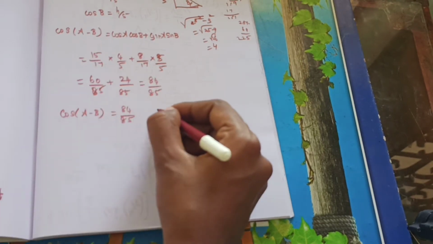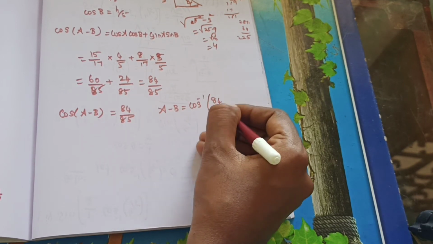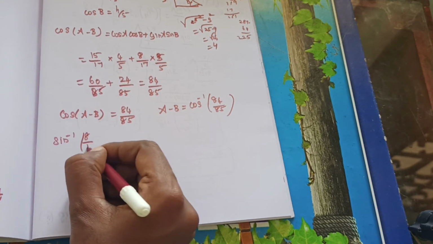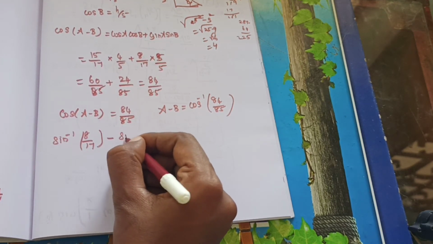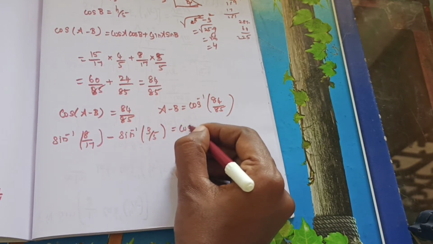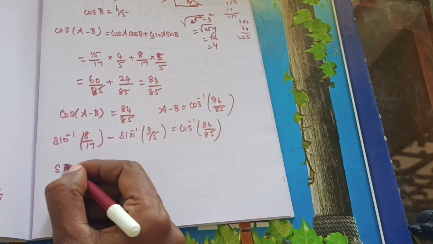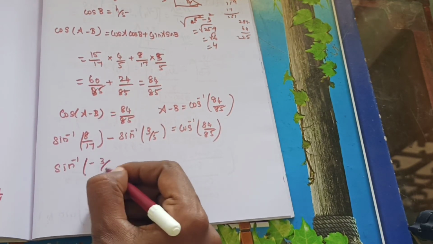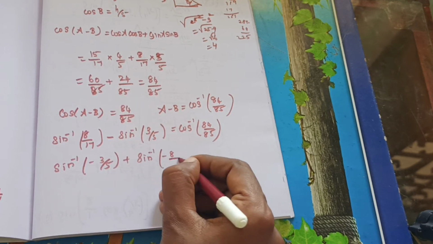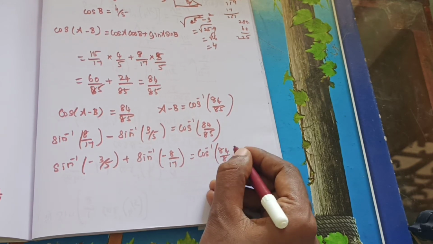So from this you take this side. So what will happen? A minus B is equal to cos inverse of 84 by 85. Correct? Now, come to the question, sine inverse of 8 by 17 minus sine inverse of 3 by 5. What's the value? Cos inverse of 84 by 85. Same as that, if you reverse this, sine inverse of minus 3 by 5 plus sine inverse of minus 8 by 17, both also cos inverse of 84 by 85.